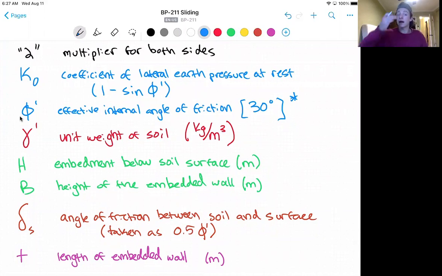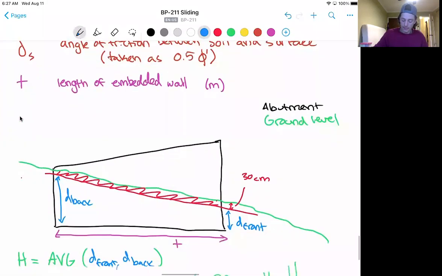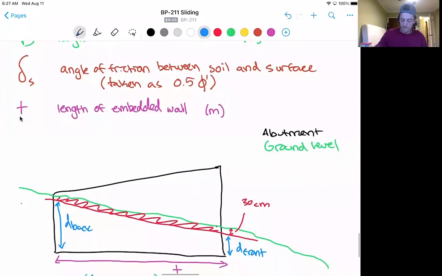Now, some of the term values themselves are relatively straightforward, like the weight of soil. But because this is a one-size-fits-all type of formula developed in the thesis, the geometry can be a bit confusing. So I'll go into it a little bit. Here is a simple diagram just for our purposes here.